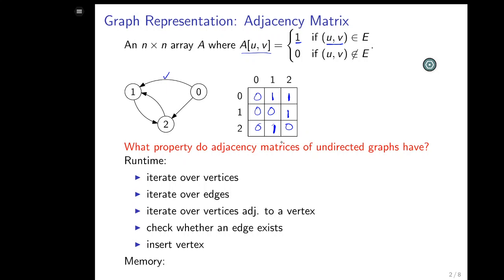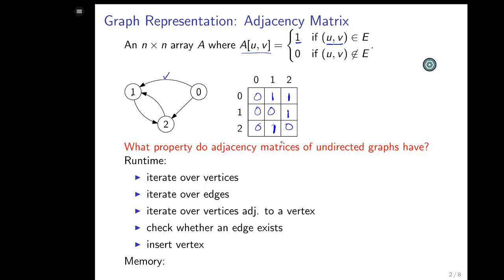Could you expand upon the general orientation for this matrix? I'm starting with the row numbers and then the column numbers. So if you want a directed edge from 0 to 1, then I think of 0 as being the row number and 1 as being the column number.